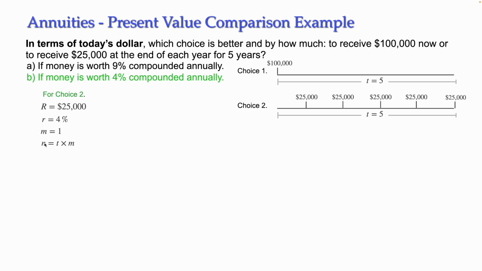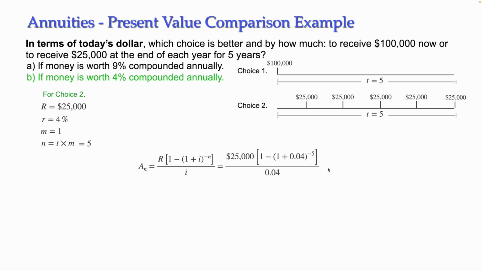So the time will be the same, equal to 5, and the only thing that I need to do is make a substitution in the formula of the annuity. Again, i will be 0.04 divided by 1, which is 0.04, so I'm going to type here 0.04. This payment is $25,000, this n is equal to 5.